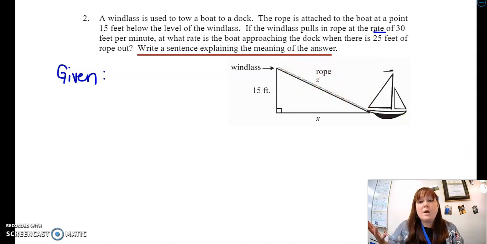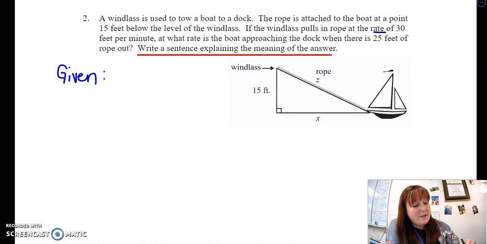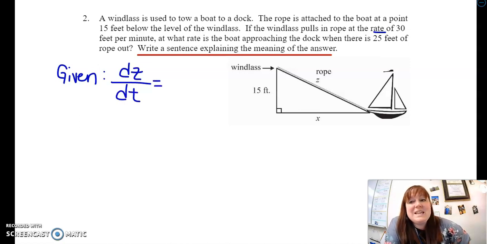So what do we know about this rate? Now I can write what that rate is, because I hadn't really defined that variable before. But since I did in the picture, now I can say the rate of change of z with respect to time is, and it says that it's pulling it in at 30 feet per minute. So is z getting bigger by 30 every minute or smaller by 30 every minute?